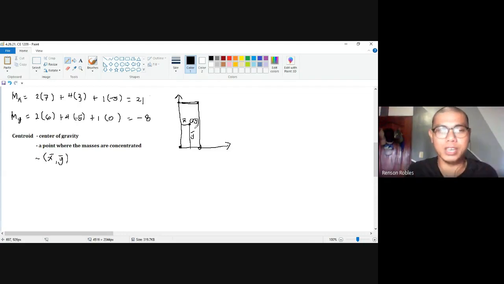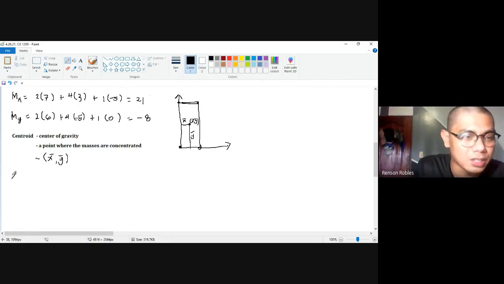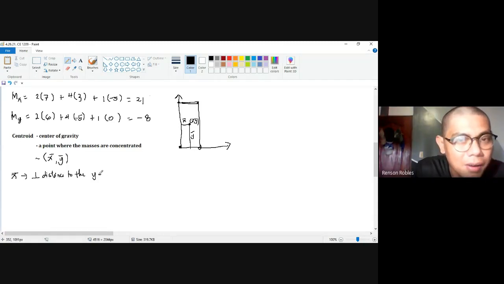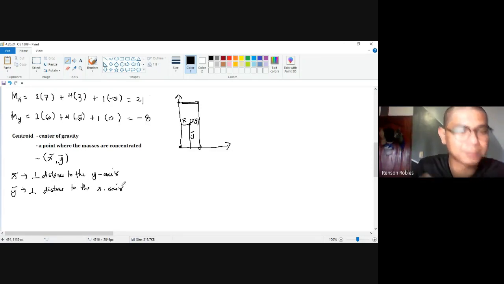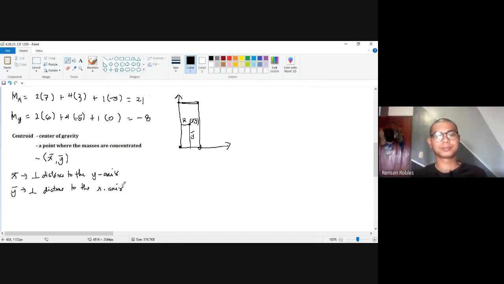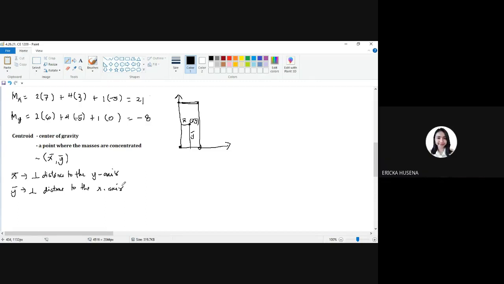Okay, which means when you wish to look for bar x, you are drawing the perpendicular distance to the y-axis, and bar y, the perpendicular distance to the x-axis. Am I right? Yes po. Okay.